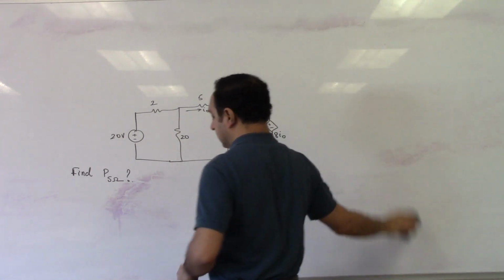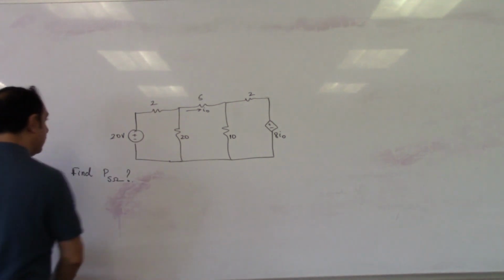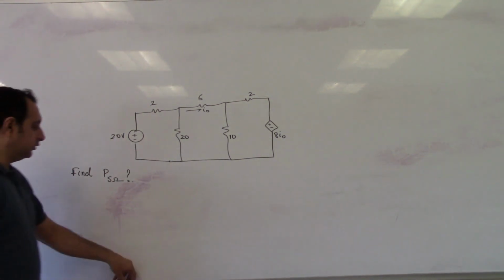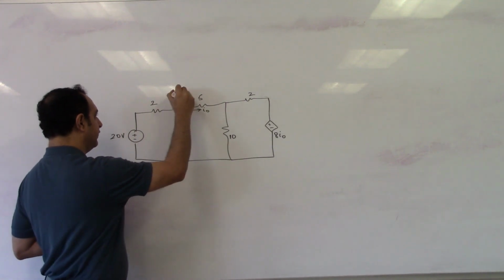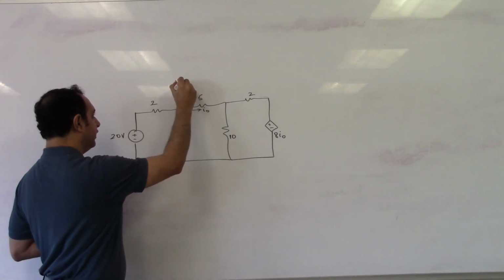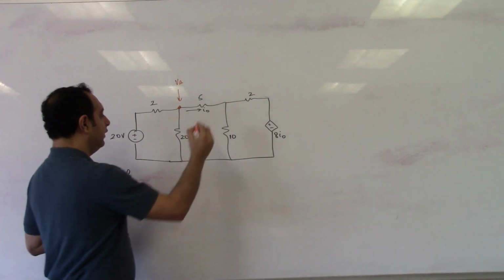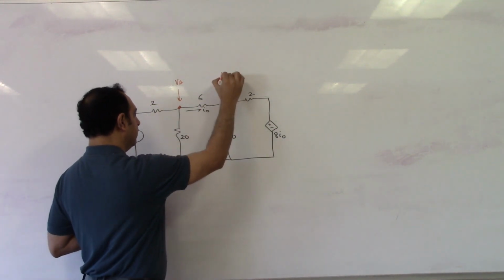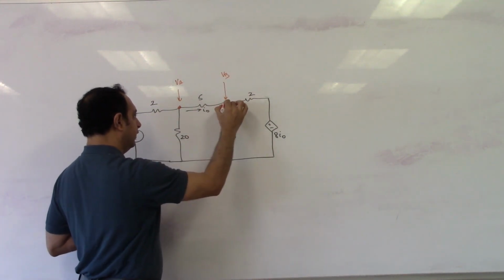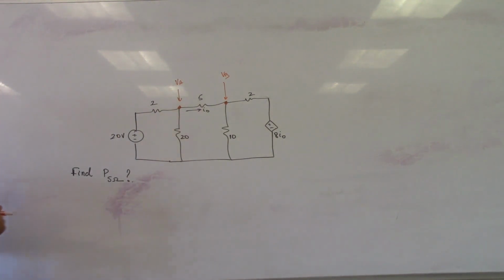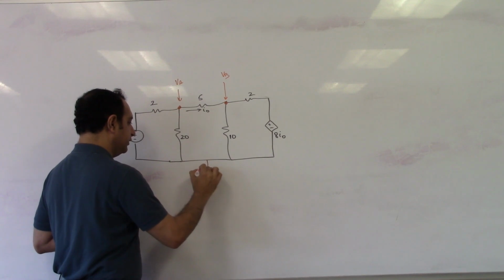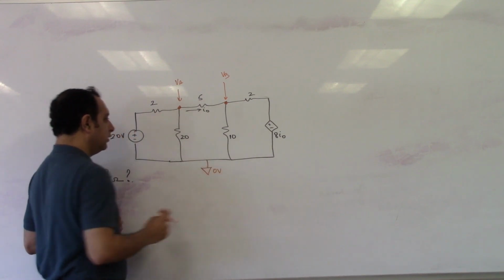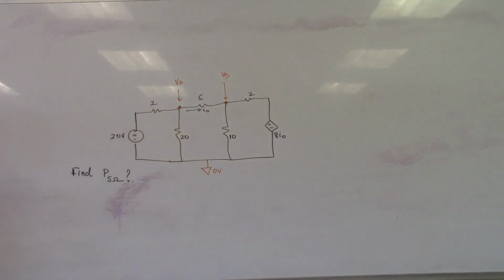All right. So by node voltage, we'll mark the essential nodes here. The first essential node being this, which we'll call VA. Here, this will be VB. VA, VB. Let's mark a common ground, so we reference all our voltages. This would be 0 volts. This is how we'll reference.